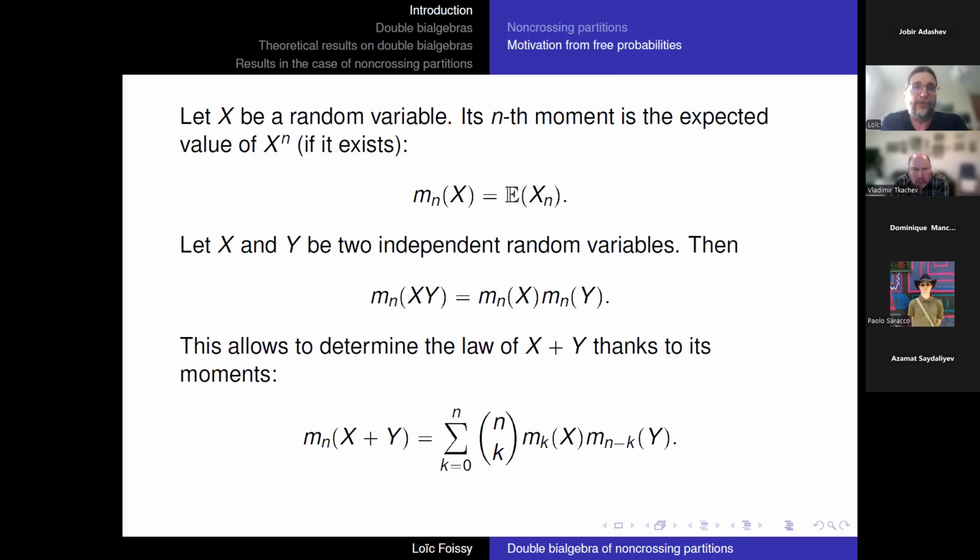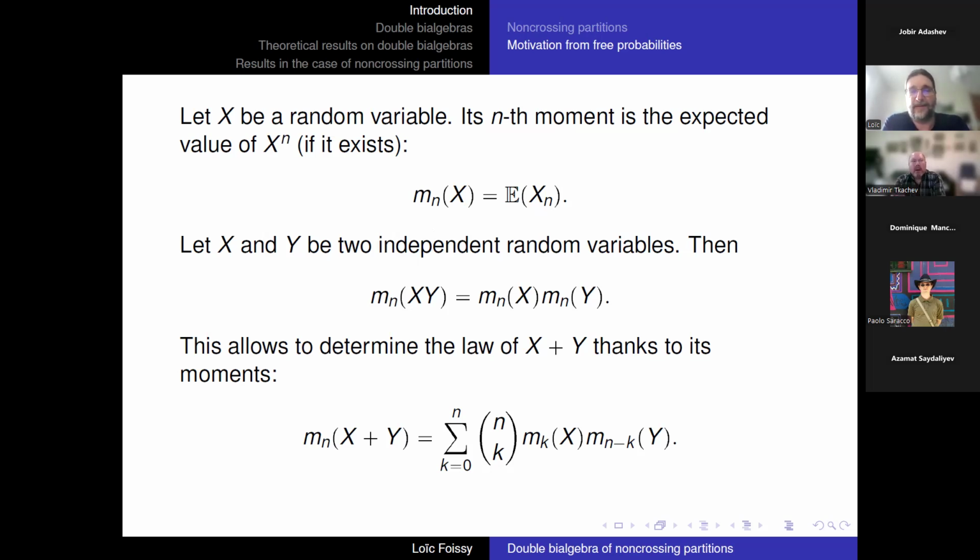So a motivation to study these non-crossing partitions. I start with a classical random variable in probability. You can compute its moments for all n. This is the expectation of its powers, x to the power n. Sorry, the n should be up and not down. You assume that this exists. If x and y are independent random variables, then the nth moment of the product xy is the product of the nth moments of x and y.